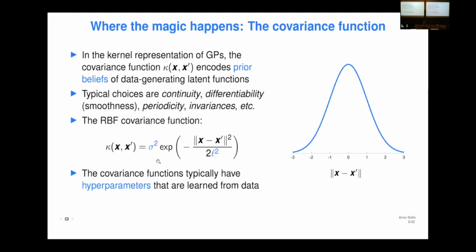This parameter here tells about the magnitude of the model functions, how far up and down they go. And this second parameter tells about the characteristic length scale, how quickly that happens. They are still all continuous, infinitely many times differentiable, but how fast they vary and how big the magnitude is can be controlled by these parameters. These are typically higher level parameters, hyperparameters, and quite often you just optimize with respect to marginal likelihood and find point estimates for these values.